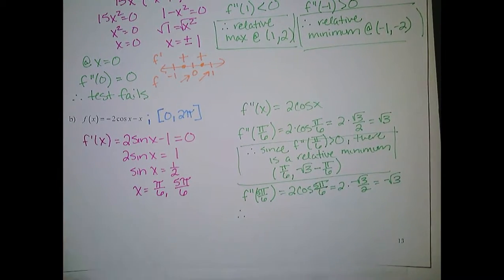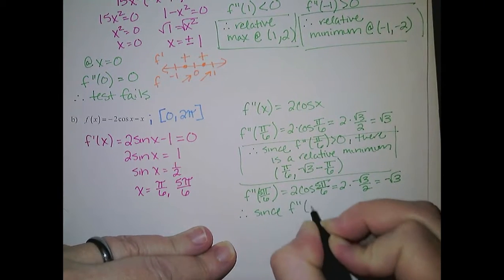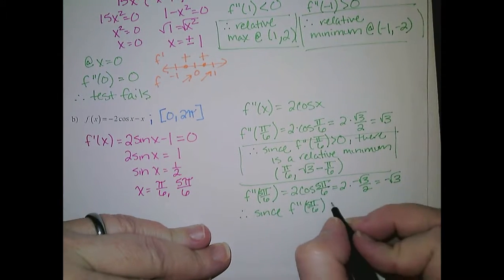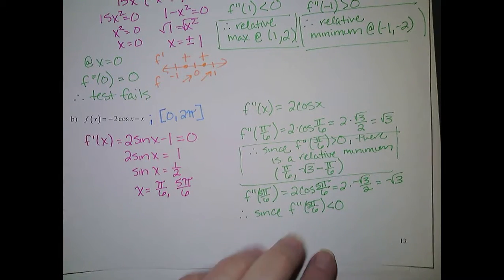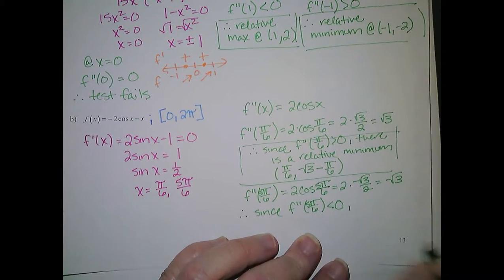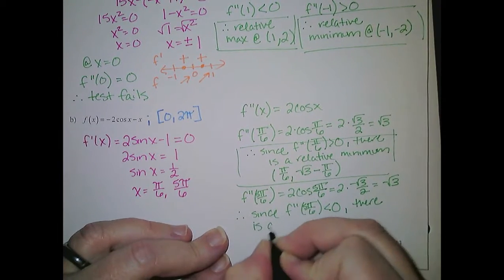So this time, we know that the second derivative at 5 pi over 6 is negative. It's less than 0. So we know that we have a horizontal tangent line, and our graph is going to be concave down. So there is a relative max.